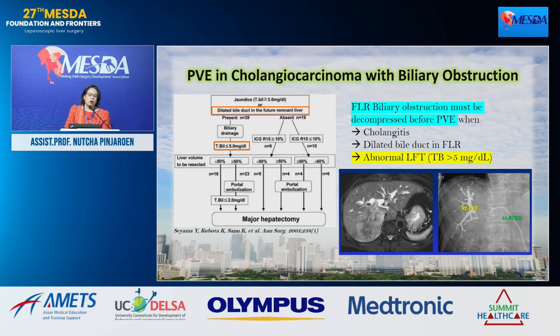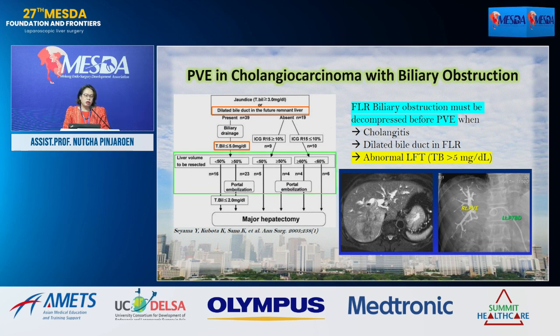The other tumor, cholangiocarcinoma, is more complex, because usually the patient comes with biliary obstruction, and we need to drain when the patient has bilirubin above 5 milligrams, and also when the patient has cholangitis or a dilated bile duct in the FLR.